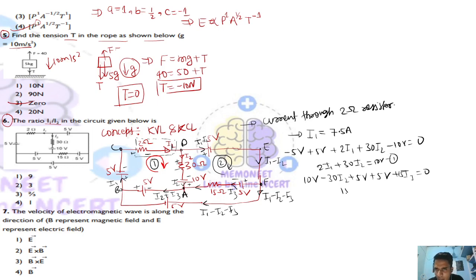From here you can get 15 I3 minus 30 I2 equals to 10 plus 10 is 20, then minus 20, it becomes minus 20 volt. It is equation number second.